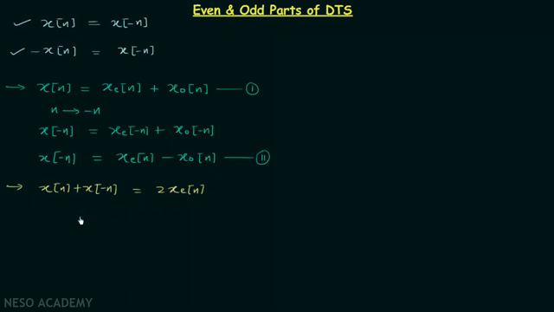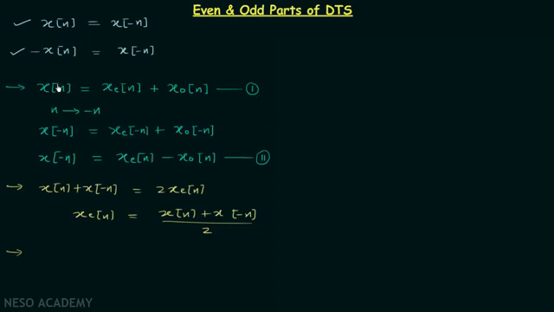From here we can say that the even part or the even component of signal x[n] is equal to x[n] plus x[-n] divided by 2. So this is what we have as our even component, and using this we can calculate the even component in the questions. Now we will subtract equation 2 from equation 1.